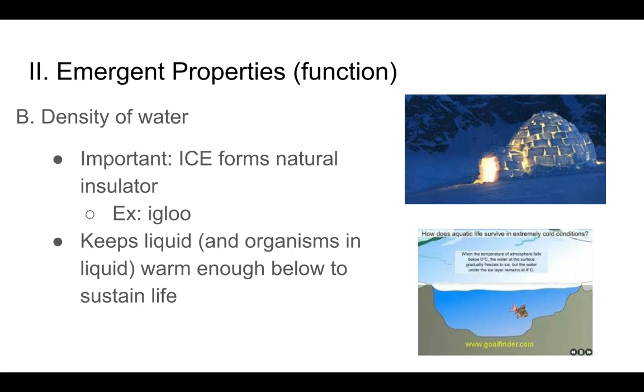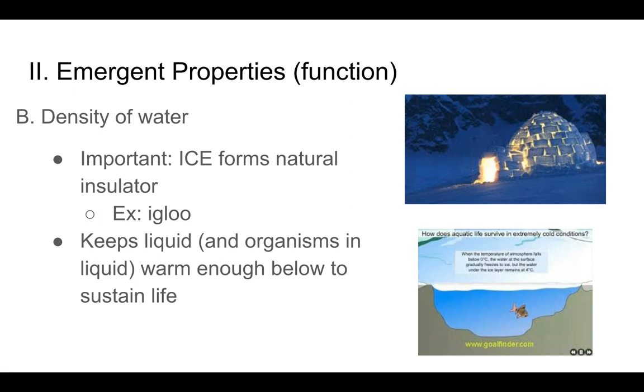so that aquatic life can survive. So, two emergent properties that we have seen so far: the sticky nature of water and the density of water, particularly in its solid form, and how it is less dense and therefore floats and provides insulation. Both of those properties are the result of the structure of water. It's a polar molecule with a positive and negative charge, and it forms hydrogen bonds.